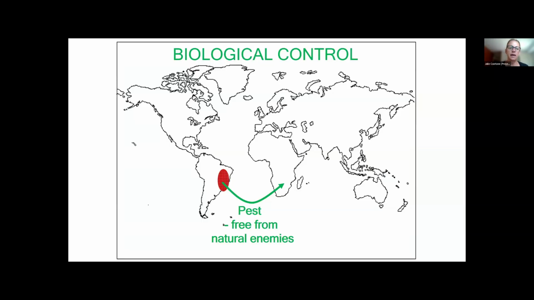The very context of biological control is that these plants arrive in their new area free from their natural enemies, and in this case, natural enemies are these tiny little herbivores, mostly insects, that keep these plants in check. Often when you think of herbivores, you'll think of a hippopotamus or a manatee or a capybara, depending on where you are. In a terrestrial ecosystem, we all know elephants, giraffe, all the antelope.